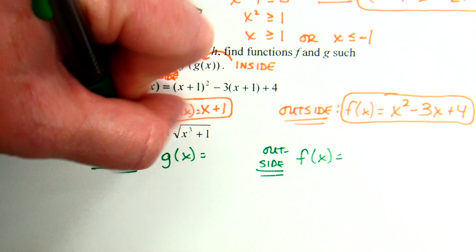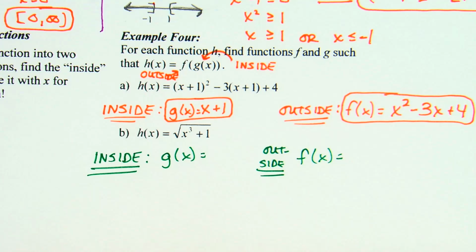Okay? So, I like to think, what is something that I could pull out as a quantity and make that my inside? Thoughts on what could be an inside? Dave?